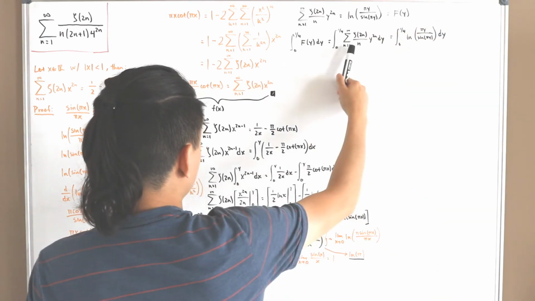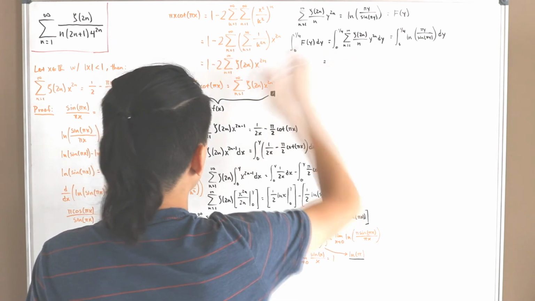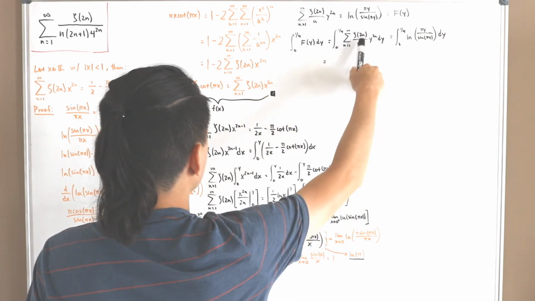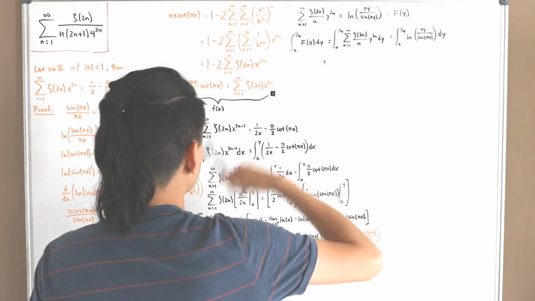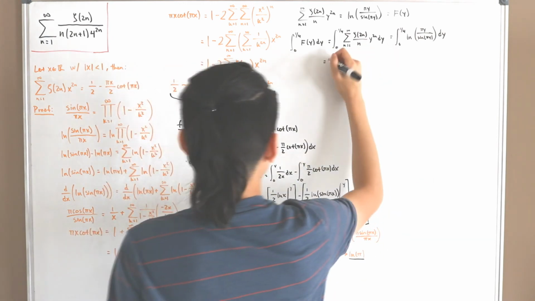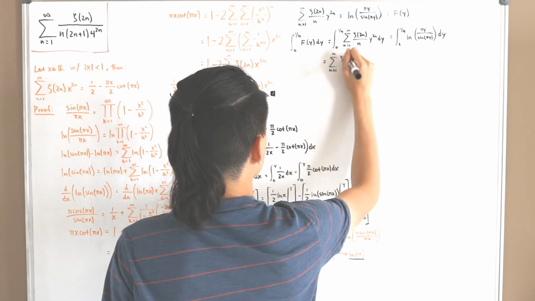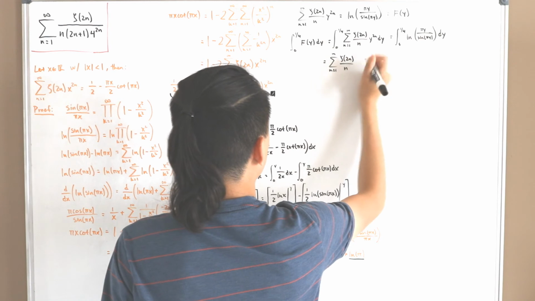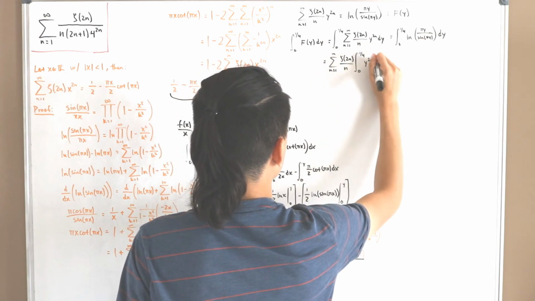And of course we can do the same thing from this side. I move the summation outside, and the variables do not depend on the integration variable, so that goes outside as well. It's like a constant. So really we just have the sum from n equals 1 of zeta of 2n divided by n, and then the integral from 0 to 1/4 of y to the 2n dy.